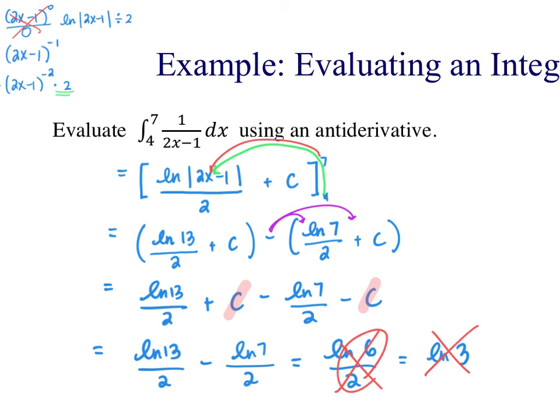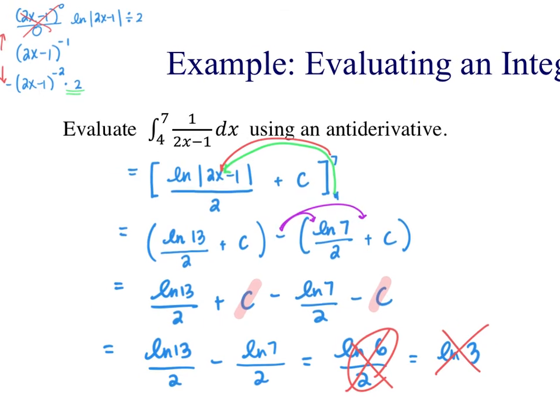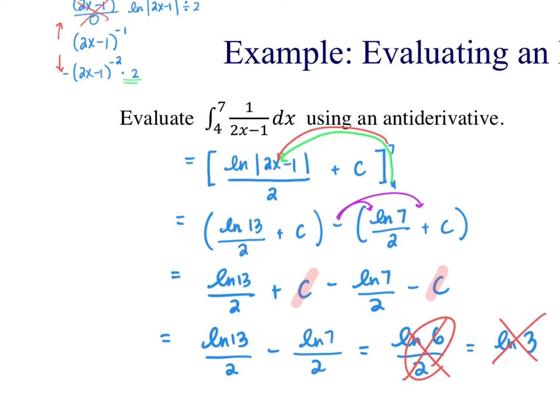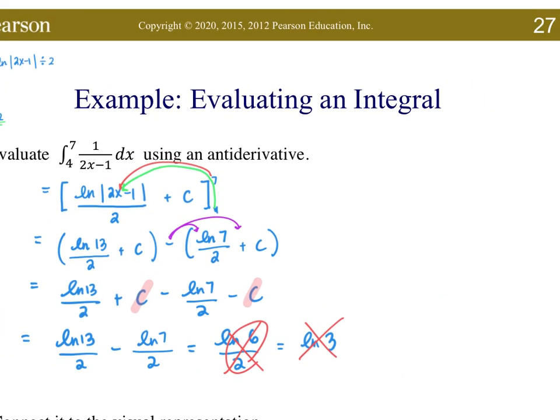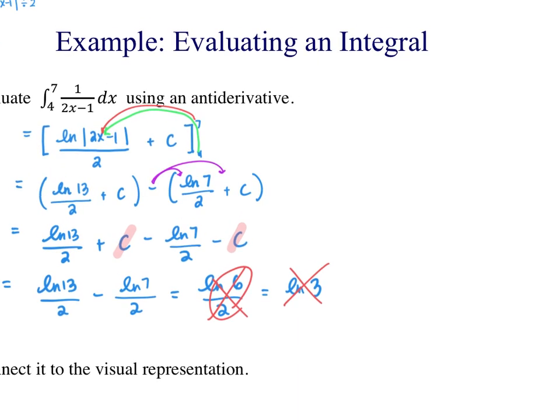The only thing you could do, I guess, is that subtraction of natural logs is the same as turning things into fractions. So you could say 13 over 7, I guess, but it's still over 2. But I don't think that's any better. I think you are better off leaving it the way it was. Okay, connecting this to the visual.